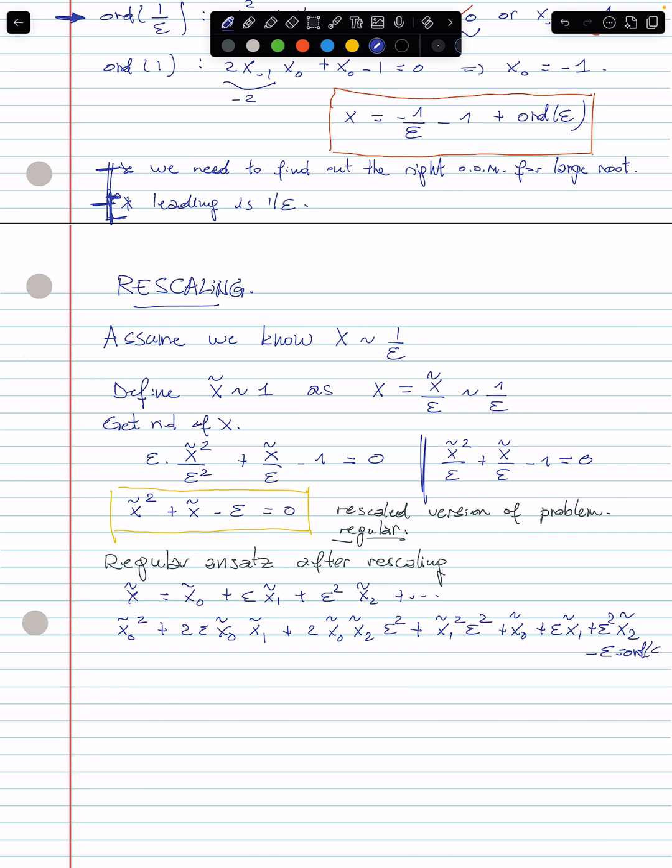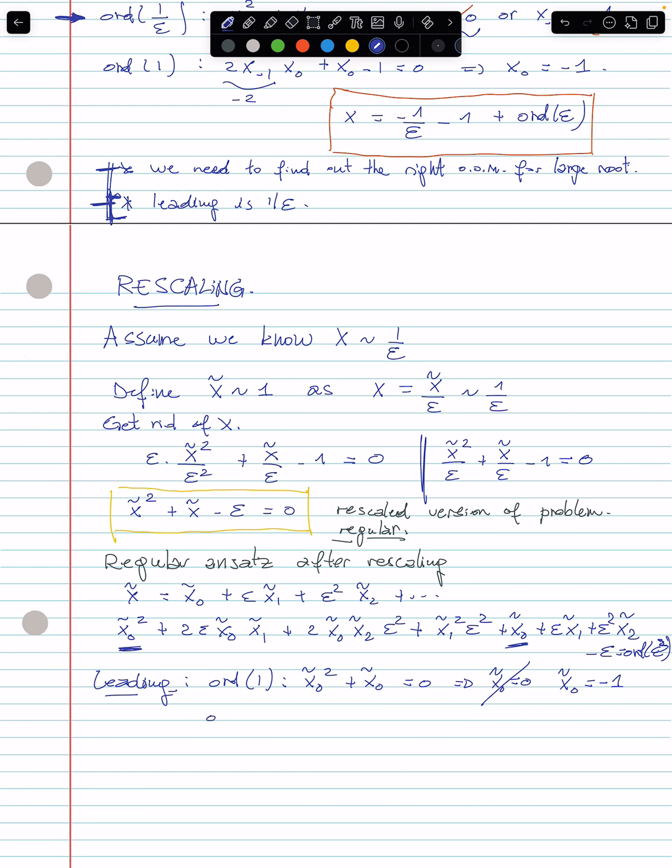All of this is equal to epsilon to the third. And so at the leading order now, we feel, at least I do feel much more comfortable saying that the leading order now is of order 1. We have x0 squared plus x0 is equal to 0, which gives us two options. This one is rejected because x0 tilde can't be equal to 0, so we end up with x0 tilde is equal to -1.